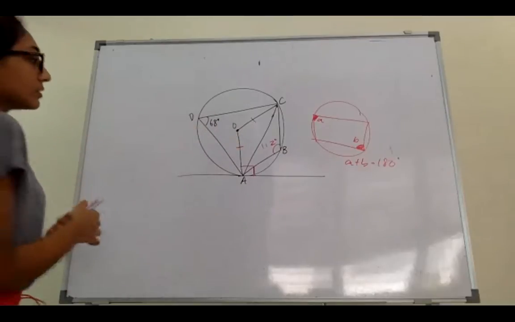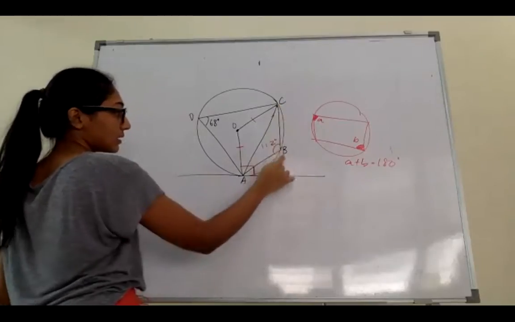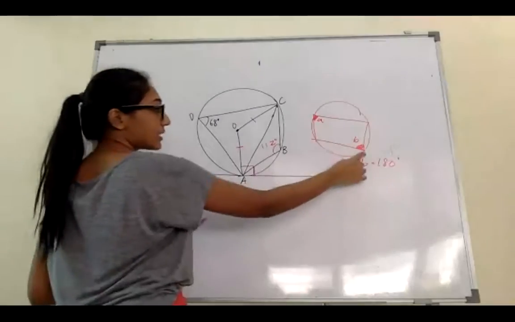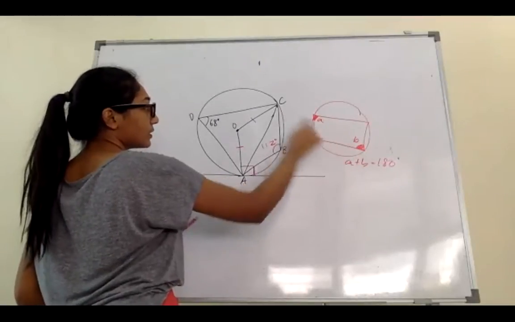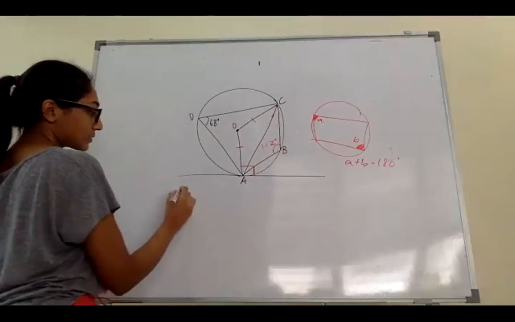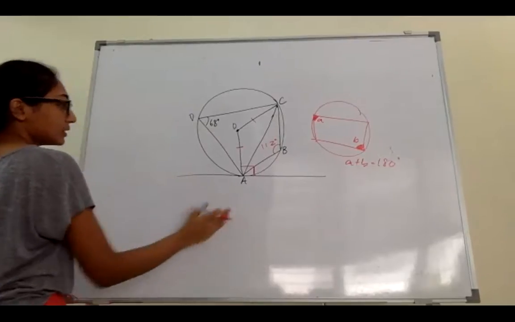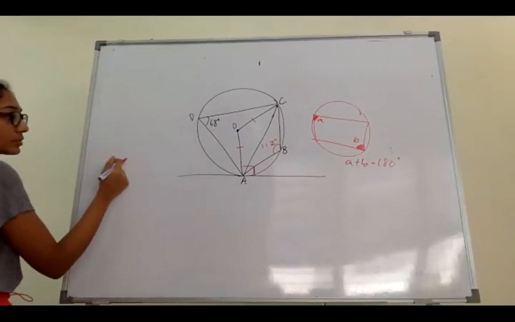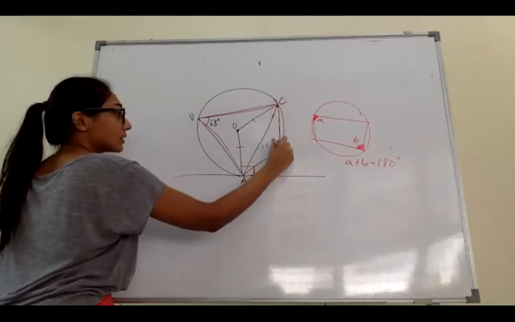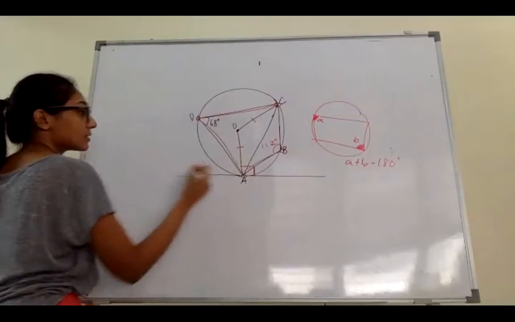So what's the explanation? ABC, we're looking at B. So angle B is basically this one. It's opposite of 68 and that forms a cyclic quadrilateral. In a cyclic quadrilateral, opposite angles must add up to 180 because all the points are at the circumference.